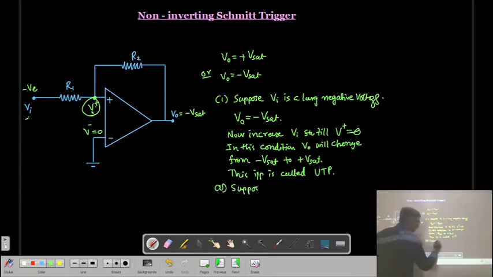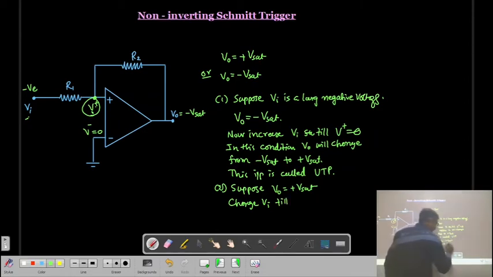Now suppose the output is plus V saturation. Correct? So now we decrease, or we change, the input voltage till the V plus becomes 0.